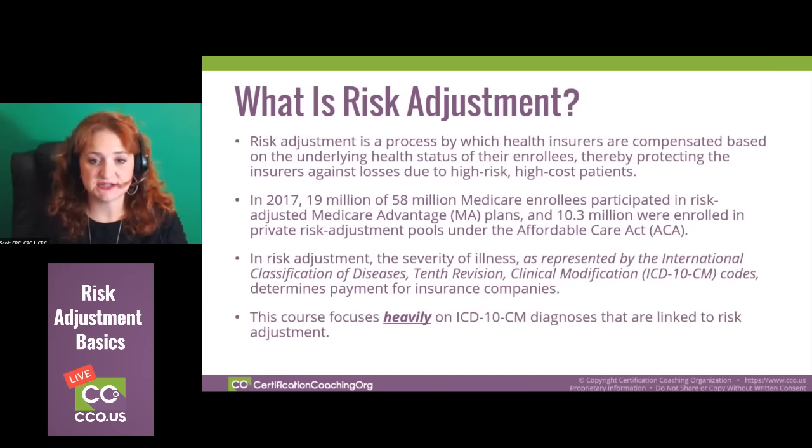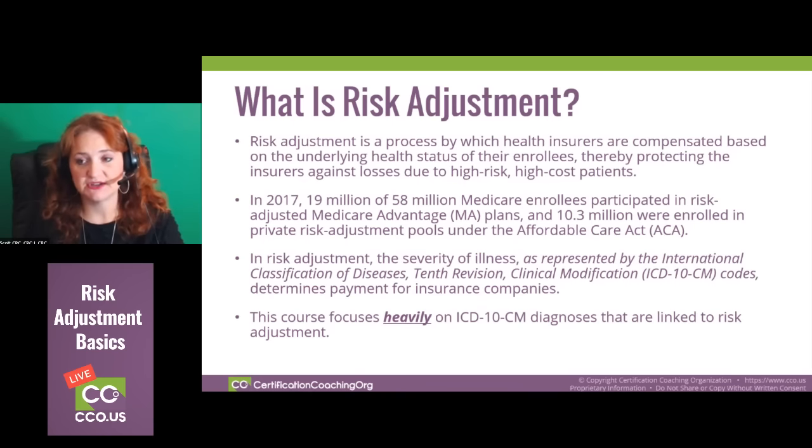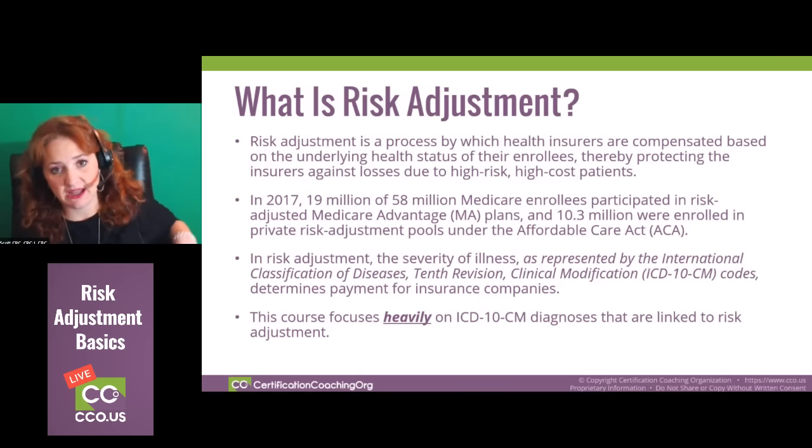The way risk adjustment works is a little different. It's not what you're doing to the patient, but what's wrong with the patient. And we're going to give lots of examples. So let's go back to the appendectomy. The provider does an appendectomy. However, an appendectomy on a healthy 16-year-old is going to be a lot different than an appendectomy on a 65-year-old patient that also has diabetes and PVD, right?